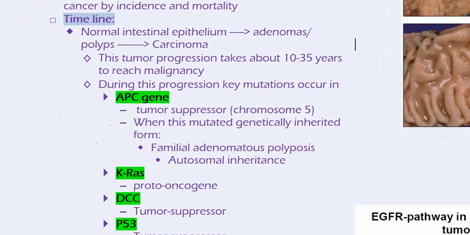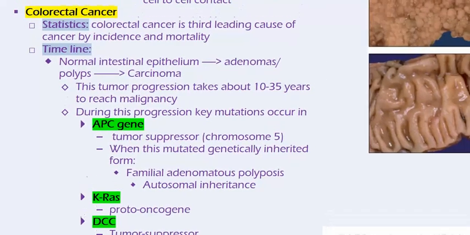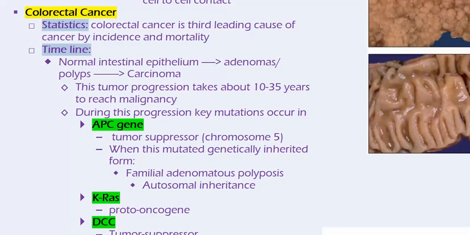Okay, so a little bit on the timeline. Normally, you start off with your normal intestinal epithelium. When you start to get mutations, you will transition to your adenoma, or the polyps, which are benign. And then as you get more mutations, that's when you get the carcinoma.